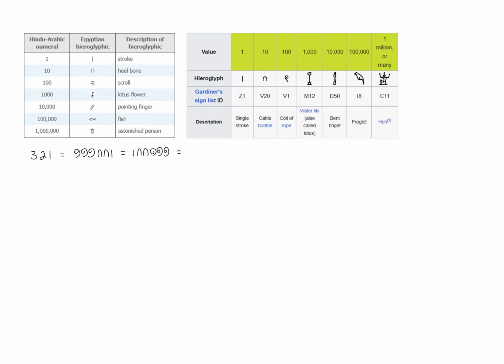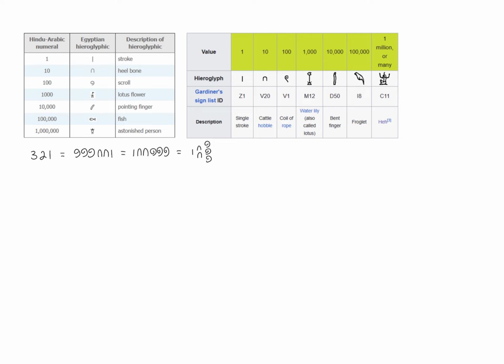Oftentimes, Egyptian hieroglyphics were etched on the sides of buildings and on stone tablets and things like that. And sometimes they're done so in kind of pretty ways. And so it could even be written something like this. All of these are equivalent ways to write 321.